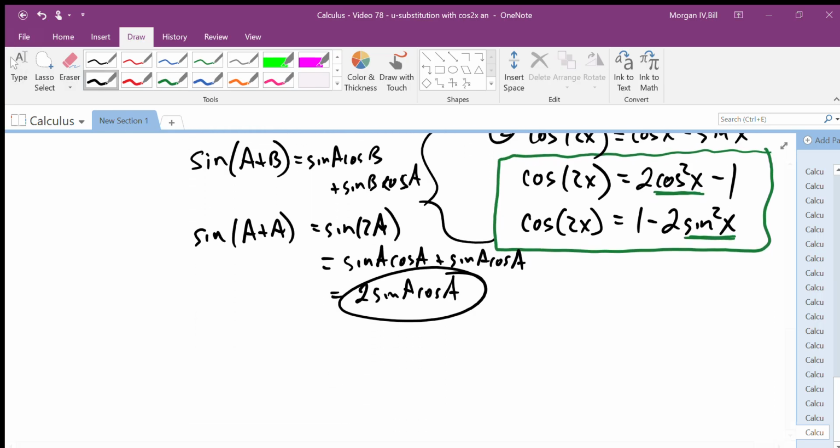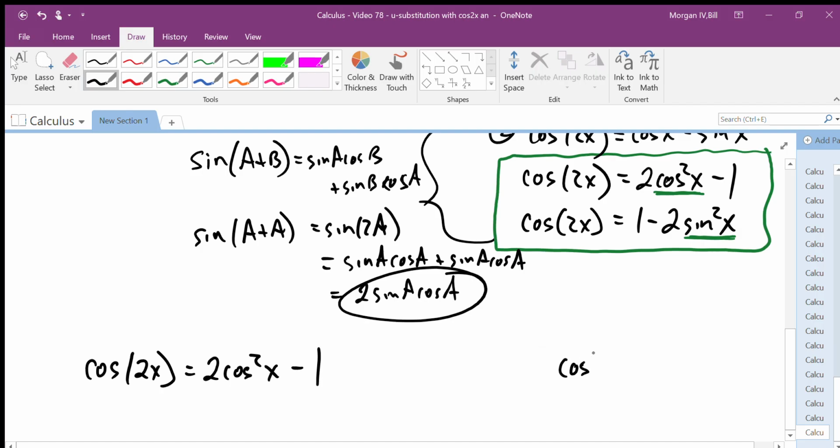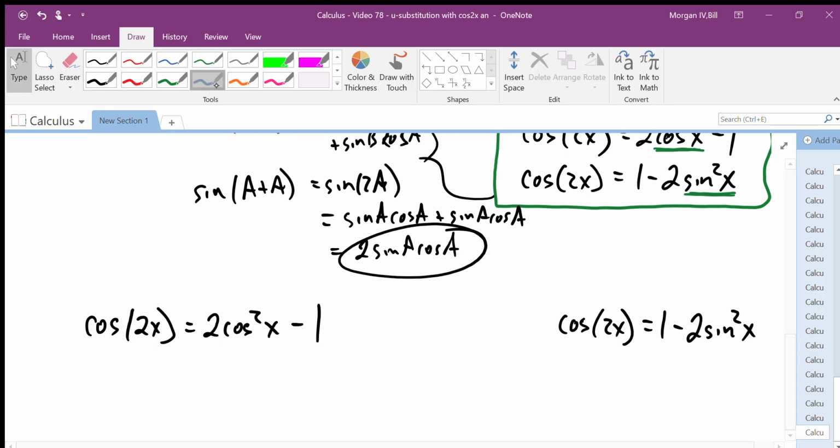Right, so we have cosine of 2x is equal to 2 cosine squared of x minus 1. And then here in a minute we'll look at this one. Cosine 2x is equal to 1 minus 2 sine squared of x. And we're just going to try to solve, on the one on the left here, for cosine squared. Get that all by itself. Well, in order to solve for cosine squared, I have 2 cosine squared of x minus 1, so I'm going to add 1 to both sides.